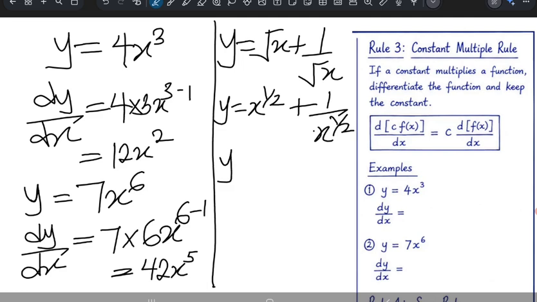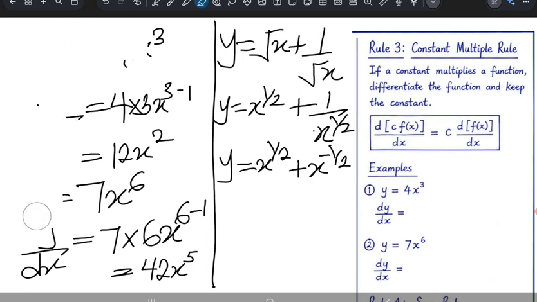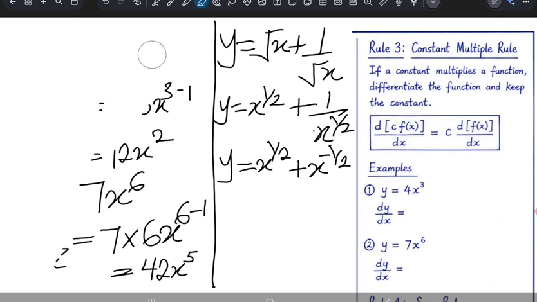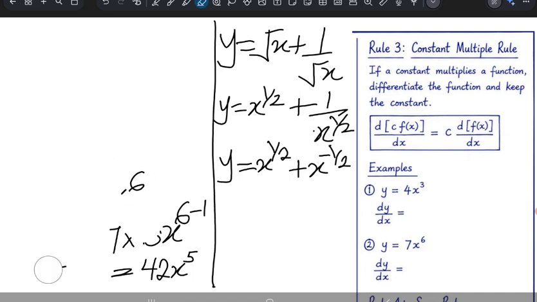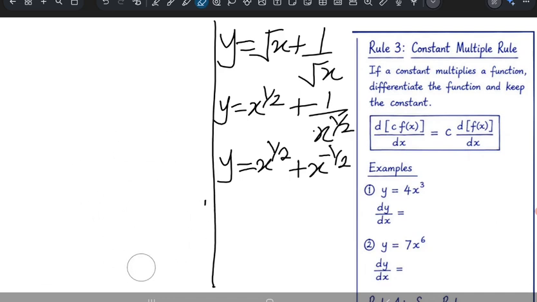So y is equal to x raised to power half plus x raised to power minus half, because there is a reciprocal. So we need to obey the laws of reciprocal. Now let's apply the rules.